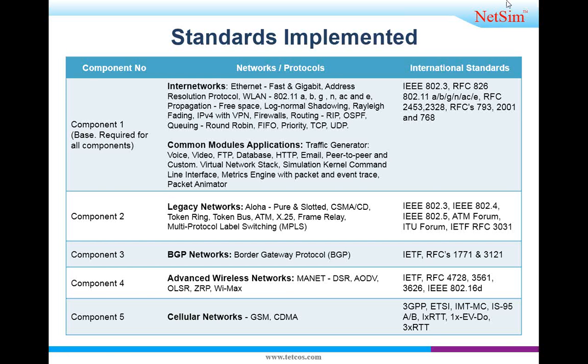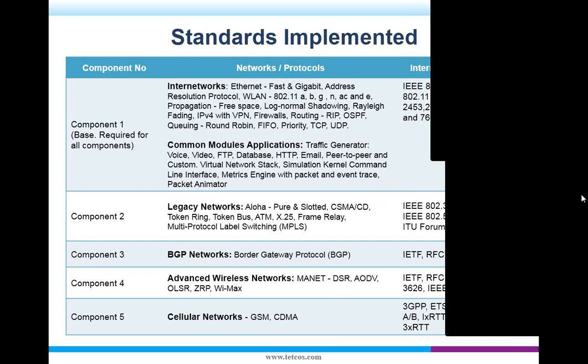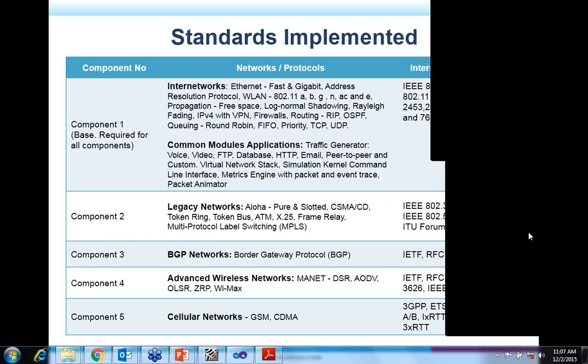In component 2, we have legacy networks, which has Aloha, pure Aloha, slotted Aloha, then CSMA/CD, token ring, token bus, frame relay, and MPLS. And it is all designed on international standards like IEEE and IETF standards.